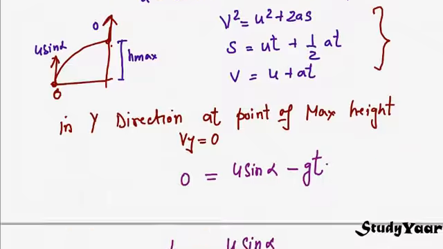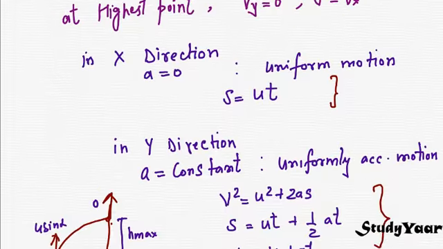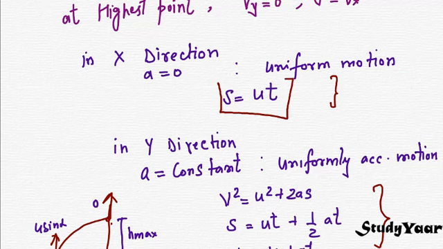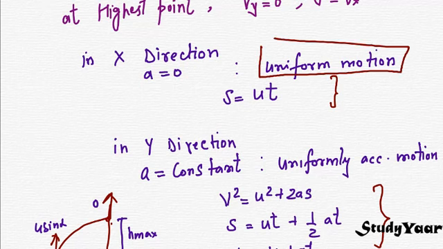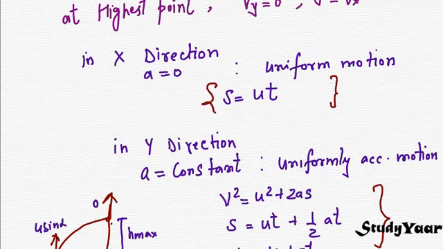Now my motion in the x-axis is governed by this particular equation, because there is no acceleration in the x-axis direction. There is a uniform motion happening, so I have only this equation that I can use.